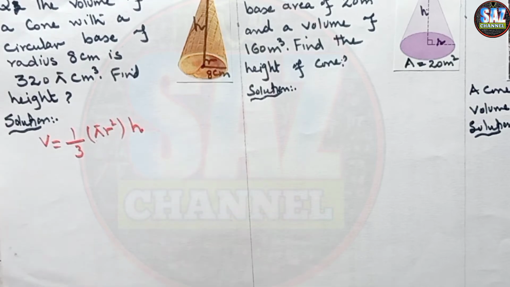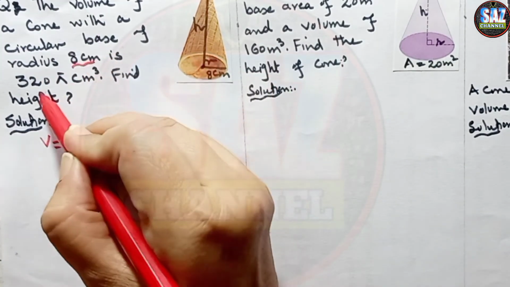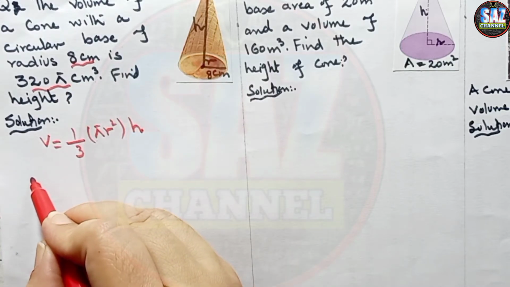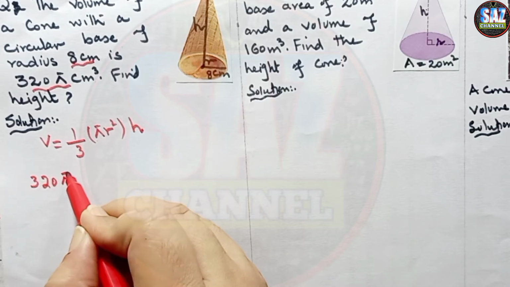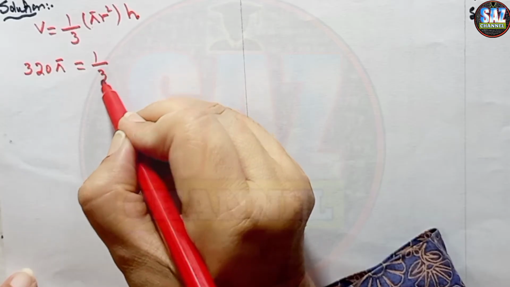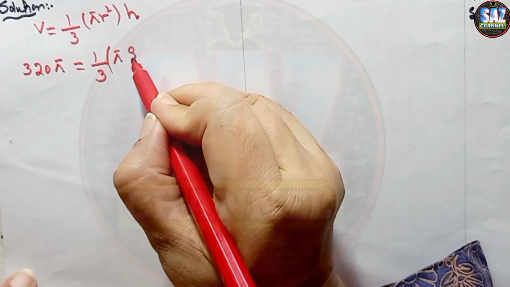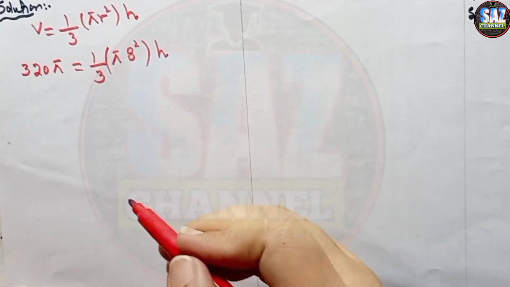Now we are given the base radius that is 8, and the volume is given 320 pi. So instead of volume I will be replacing 320 pi: 1 over 3 into pi, and radius is 8, which is given in the question, 8 square into height, which is the requirement of question.